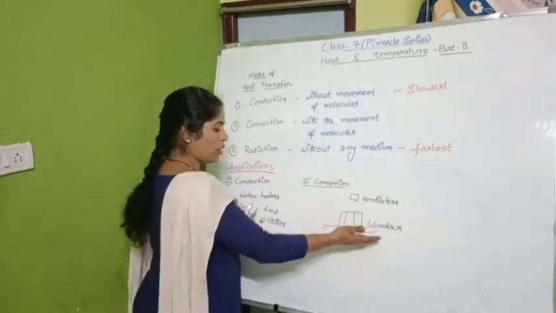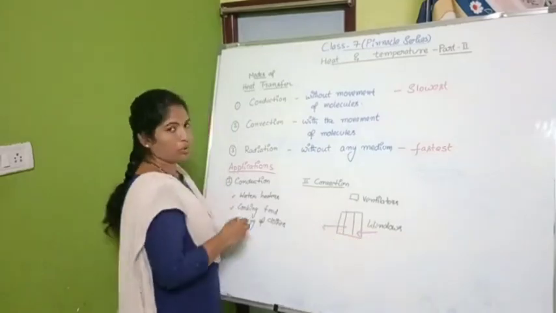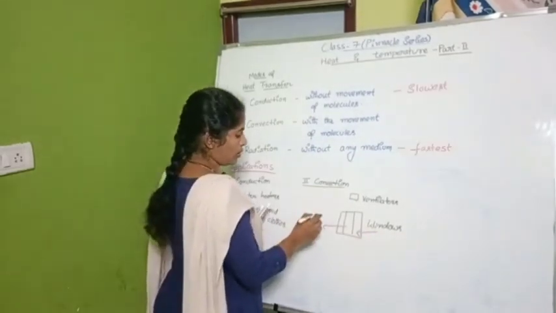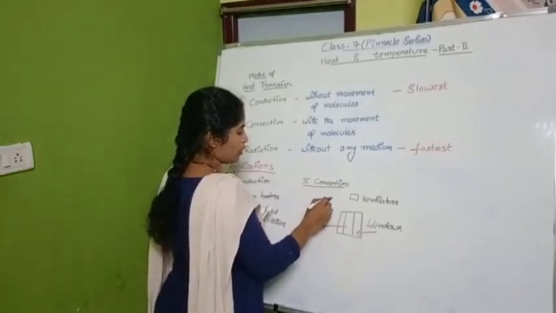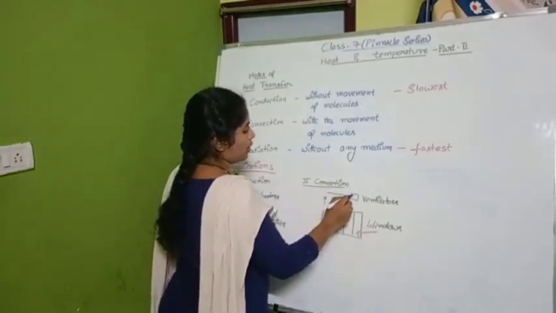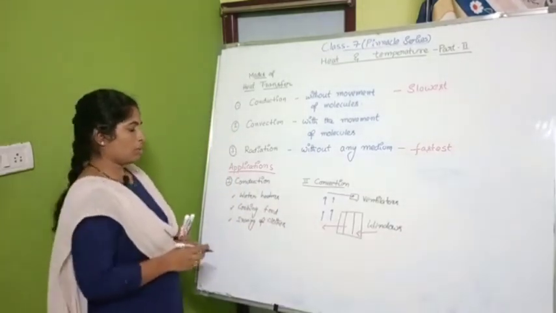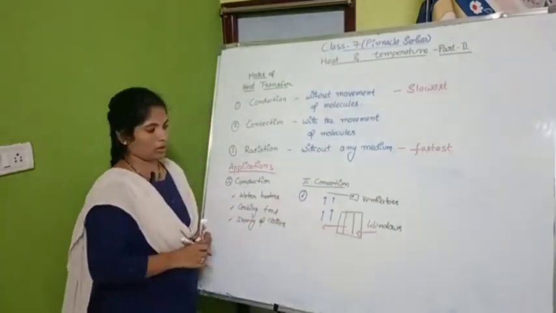Due to the movement of this cold wave into the room, whatever the hot air that is present in the room will obviously move up and escape from the ventilators, right? So this is the first application of the convection.